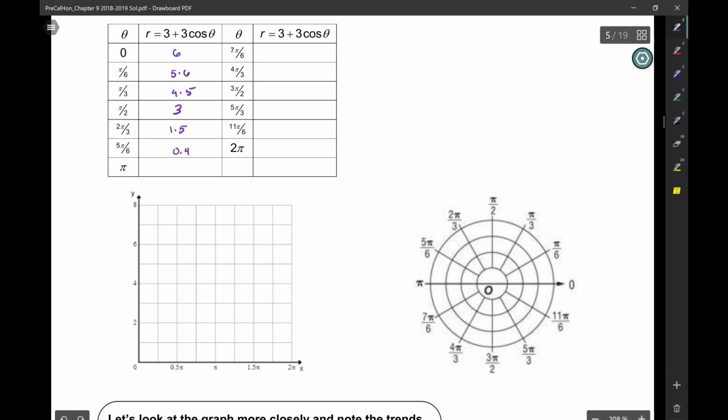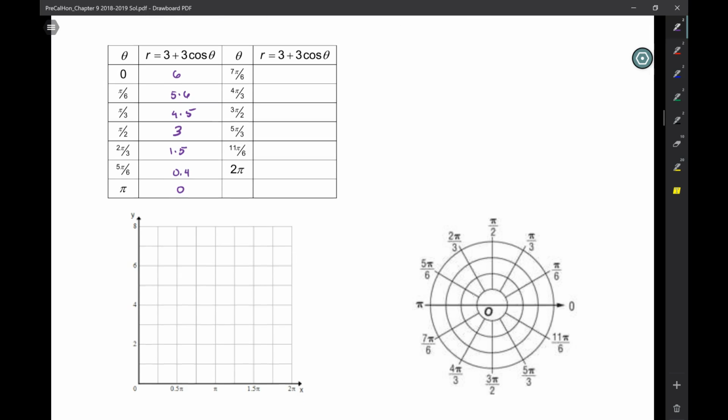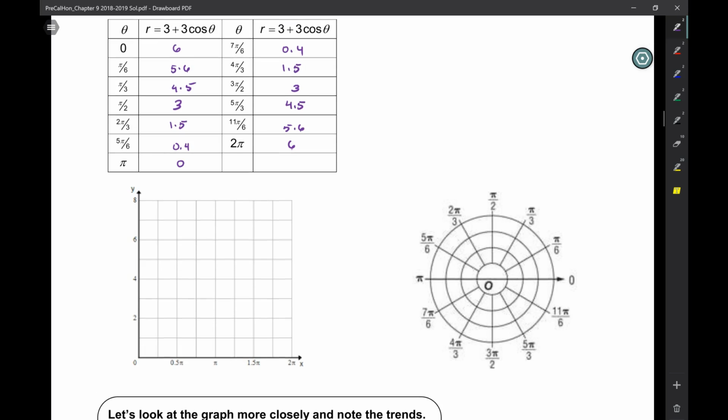Negative 1, so that'll be negative 3 plus 3, 0. Okay? All right, then at 7 pi over 6, it's 0.4, 1.5, 3, 4.5, 5.6, and 6.